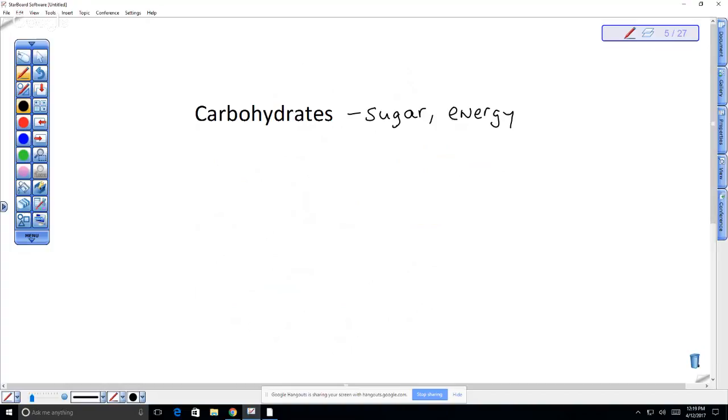So sometimes we can break down carbohydrates into what is called the monomer. So the monomer is the basic unit of how carbohydrates are built. And in carbohydrates, the basic unit is called a monosaccharide. Mono means one, but what does saccharide mean?